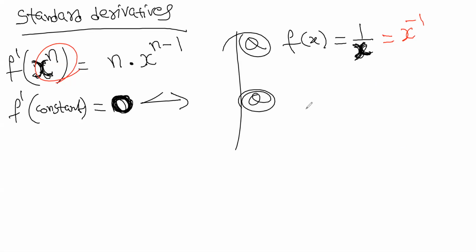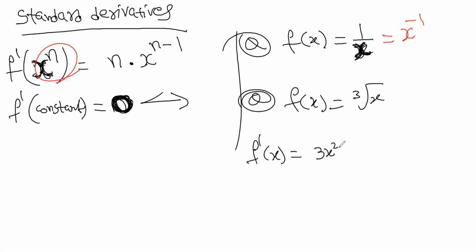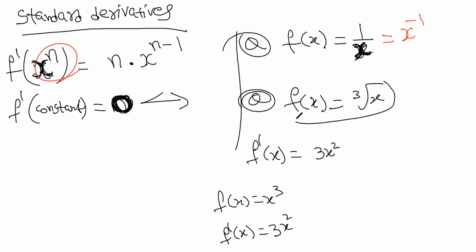Now, the last question. f of x is cube root of x. Then what is f dash of x? 3x square, right? If f of x is x cube, then what is f dash of x? n into x to the power n minus 1, so 3x squared. For both I am getting the same slope.